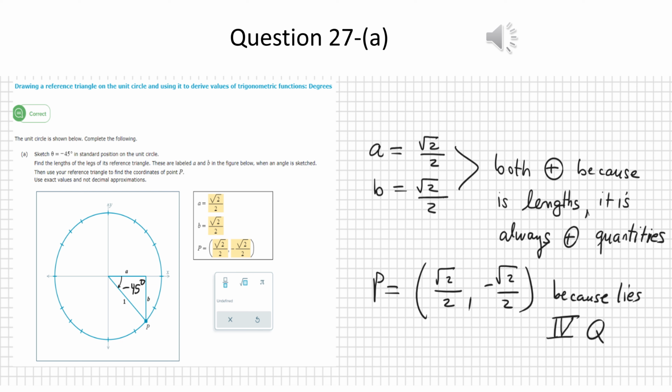So this segment is radical 2/2 and this segment is radical 2/2. Of course, this is down. So when you write the component, not the length, it is radical 2/2, comma, negative radical 2/2, because it lies in the fourth quadrant.